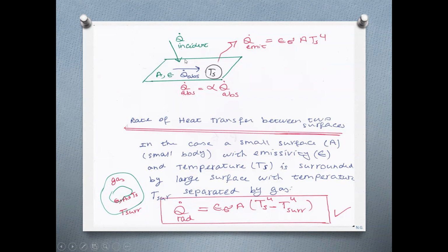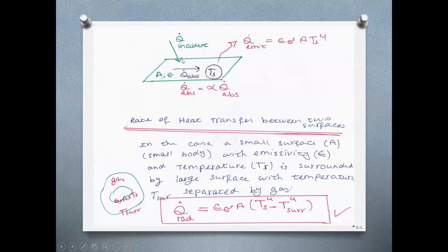And also this surface, because of its temperature, emits radiation, Q dot emit, right? And it is epsilon sigma A Ts to the power of 4. A is area, sigma is the Stefan-Boltzmann constant, epsilon is the emissivity of the surface, Ts is the surface temperature, expressed in absolute. So due to the temperature, this surface emits some radiation to the rest of the world, and from the rest of the world, there is incident radiation on this surface.